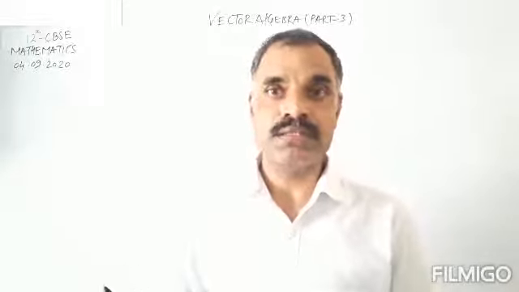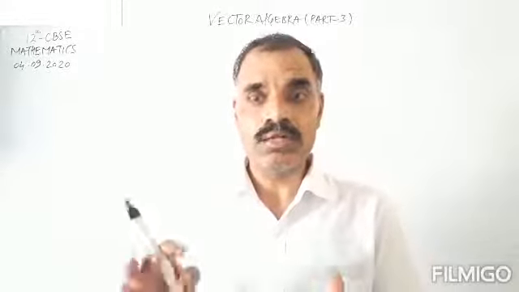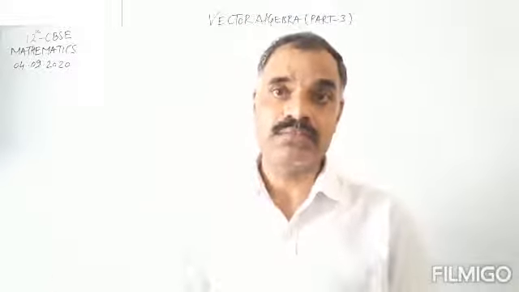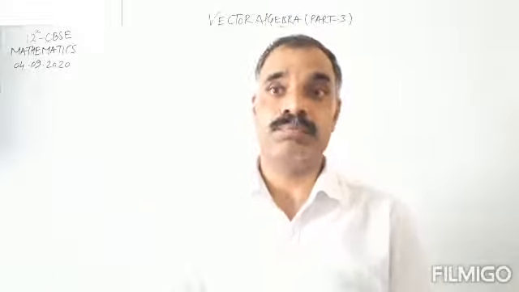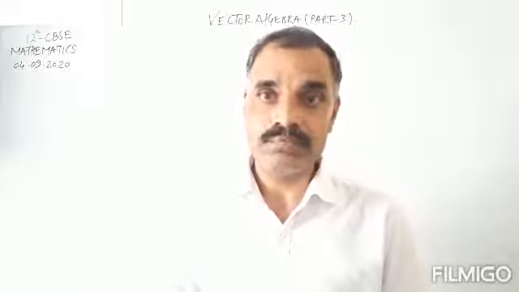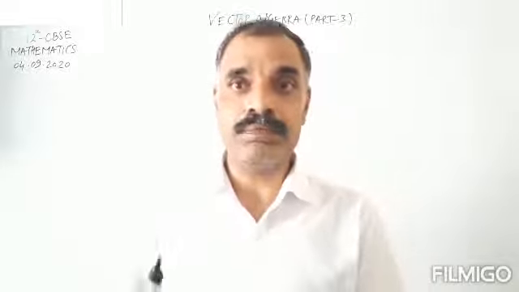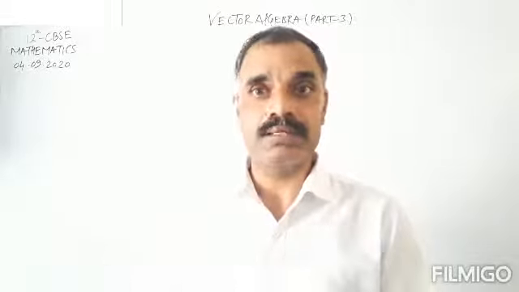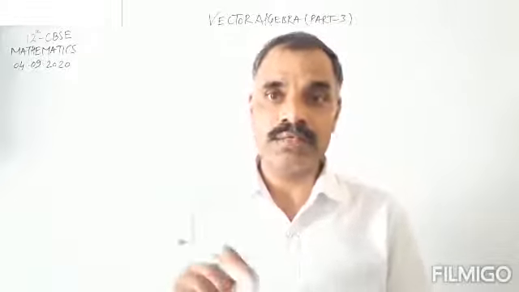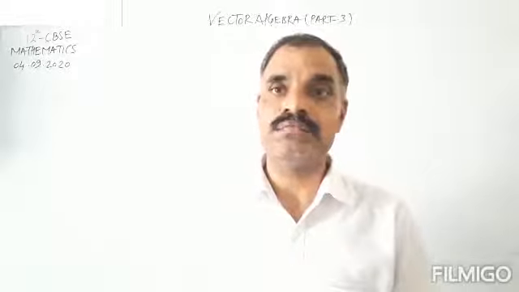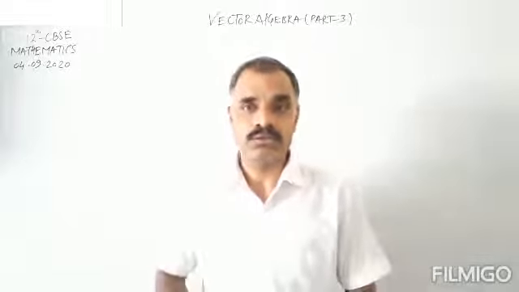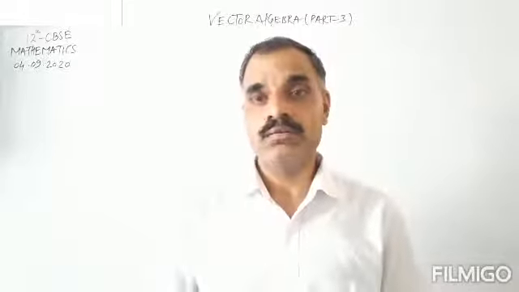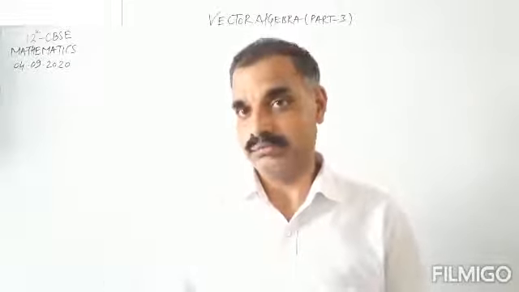Subtraction is not an algebraic operation in vector algebra, but subtraction of vectors means the addition of one vector and the negative of another vector, that is A vector and minus B vector. Addition of A vector and minus B vector is to be treated as the subtraction of vectors. So subtraction of vectors also means the addition of vectors.